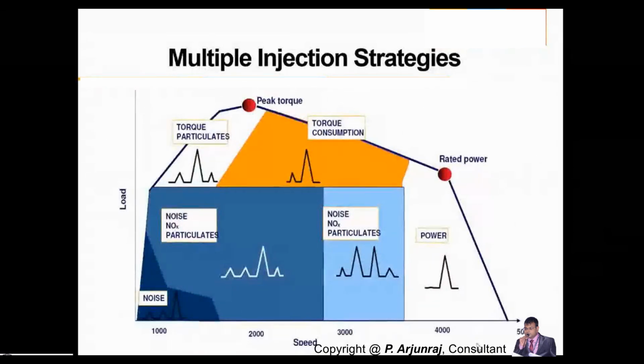So we have seen these multiple injection strategies with respect to the load and with respect to the speed of the engine. So you have different phenomena where you get noise when the engine is running at idle RPM. You get knocks, and you get high torque, peak torque, with respect to the different speed, and you get high power at a higher RPM. Rated power you get at the rated RPM.